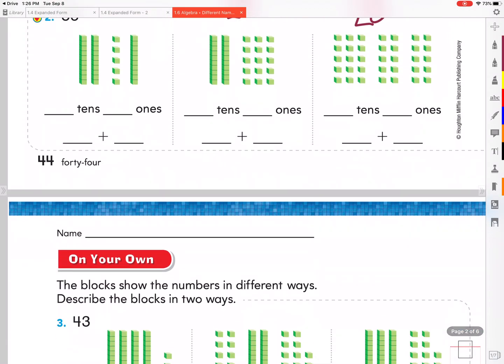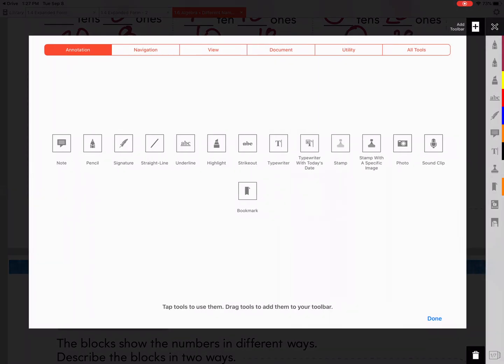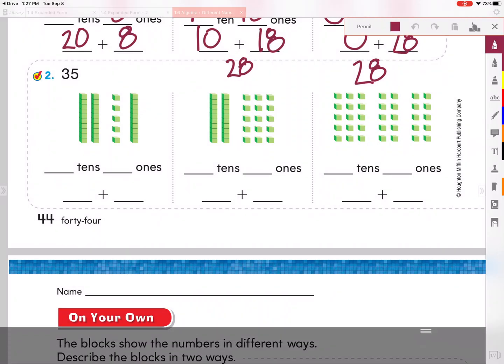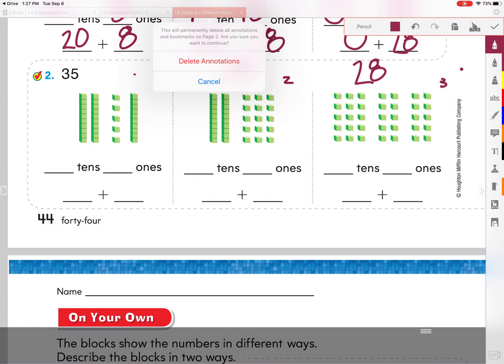Let's move right along. I am not going to talk. Let's just get our pencils and work through this. You are showing 35 one way, 2 ways, and 3 ways.